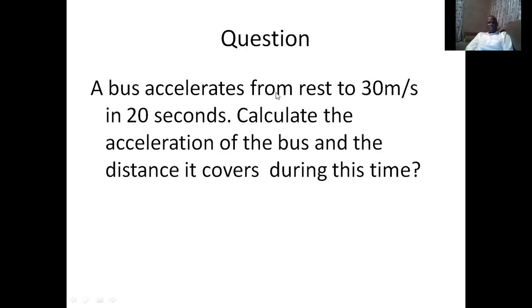Coming from rest means the initial velocity is 0, and it has gone to a final velocity of 30 meters per second. The whole journey has taken 20 seconds. Calculate the acceleration of the bus and the distance it covers during this time.